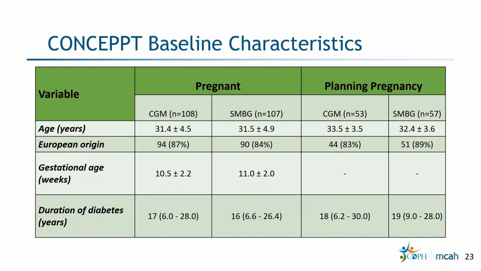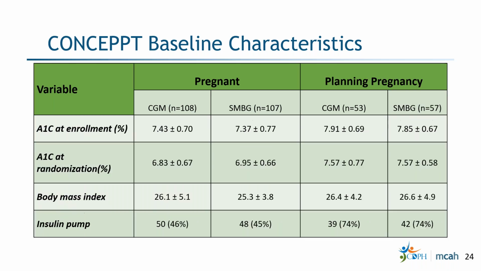So here are the baseline characteristics, very similar between the two groups. I do want to acknowledge that this wasn't a very diverse population. You'll notice that the majority of women were of European origin. In terms of the duration of diabetes, very similar. Most of these women had diabetes for a long time. It was type 1 diabetes, likely developed in childhood.